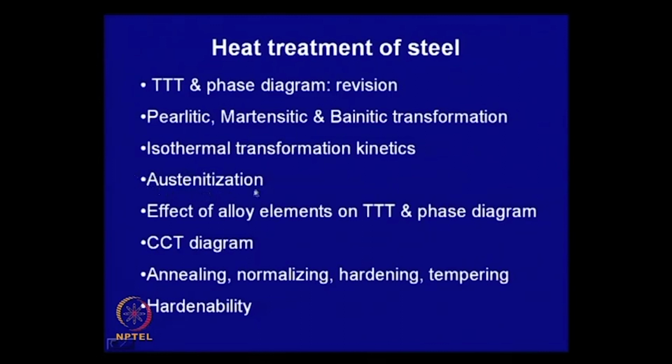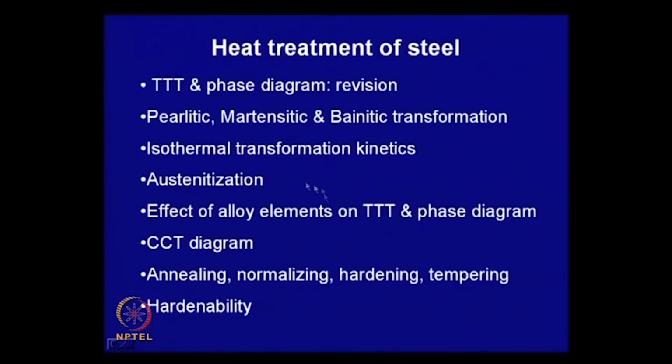We will look at the process of austenization, what factors determine it, and how long you should heat a sample at a particular temperature so that it becomes fully uniform or homogeneous austenite. We will also look at the effect of alloy elements on the time temperature transformation diagram and phase diagram.